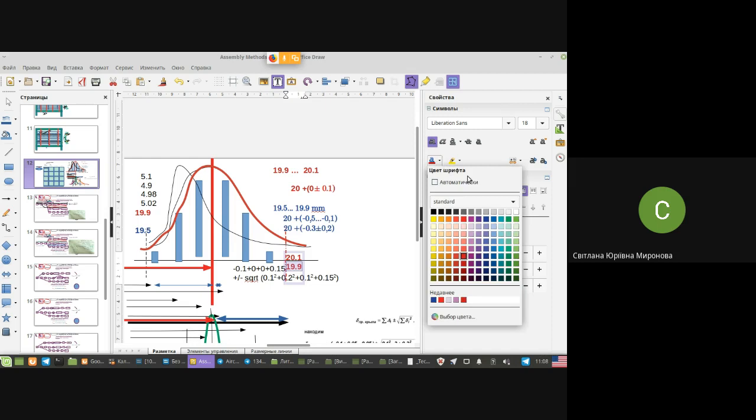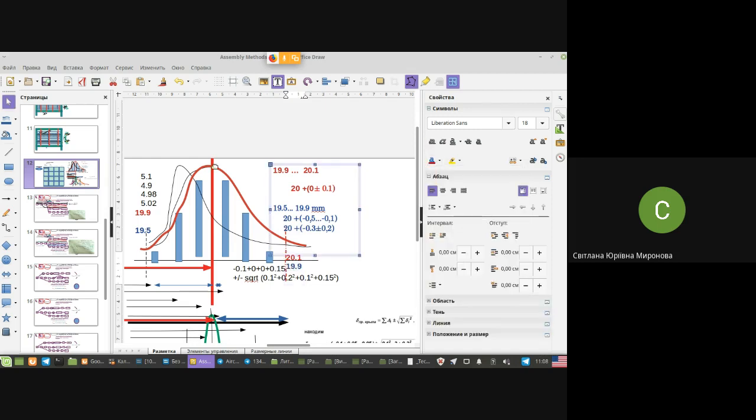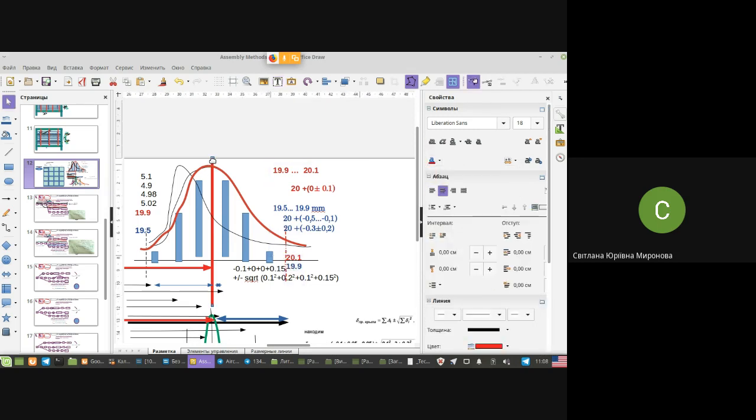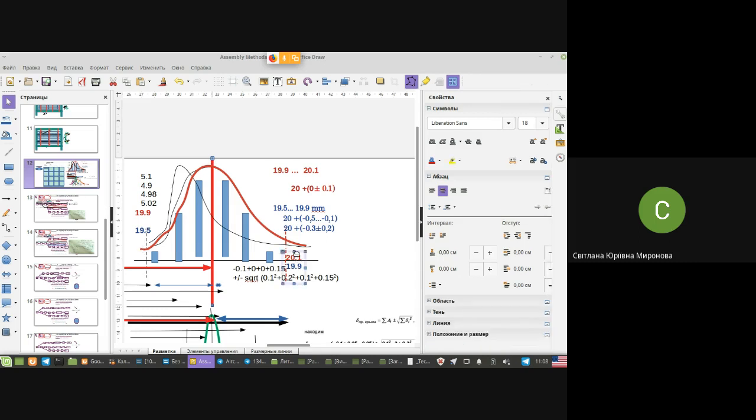And now the question is, this middle, what does it correspond to in case of blue values? In case of these values that I have written in blue.